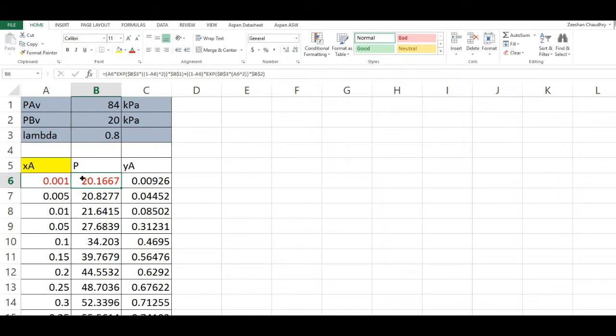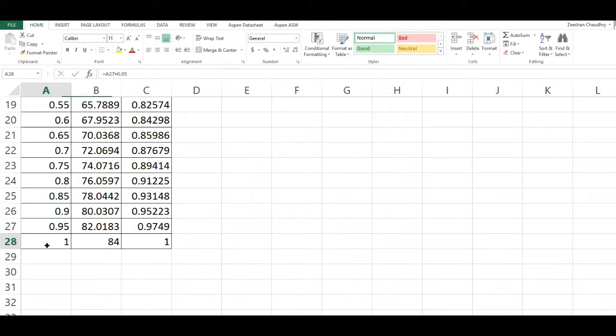So is this true if we look at the opposite end of the data? As xa approaches 1, it means only species A is present in the vapor phase.